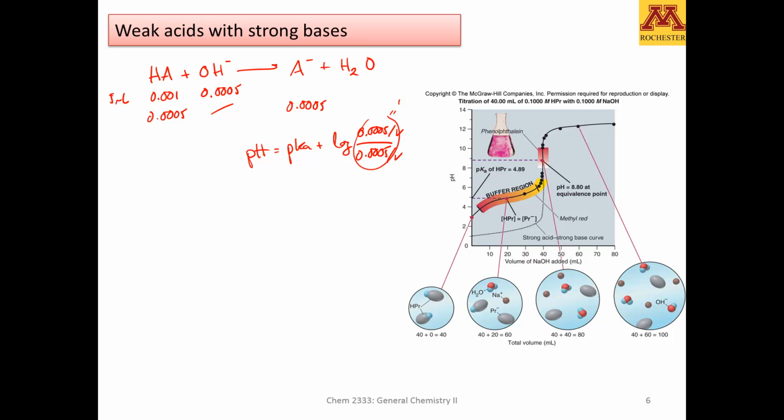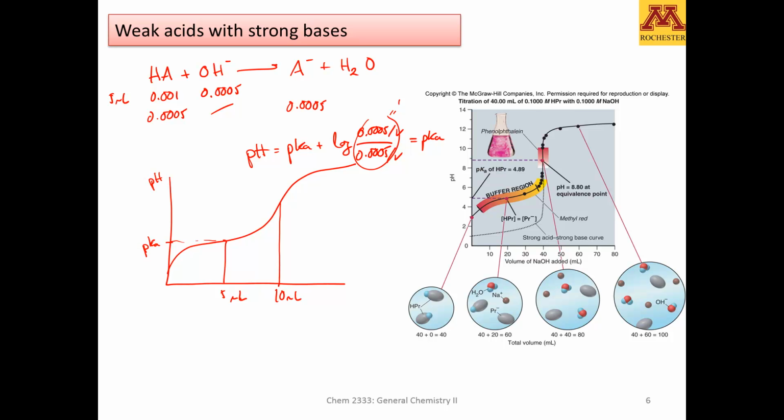The logarithm of 1 is 0, so pH is equal to pKa. That's a very interesting result when you are halfway through your titration of a weak acid. Remember, this is the 10 milliliters. Halfway, at 5 milliliters, the pH, this axis is pH, is equal to the pKa.